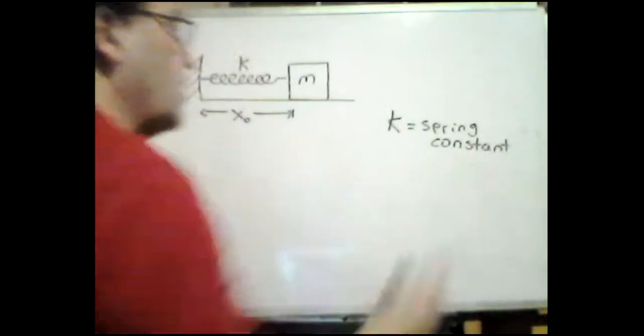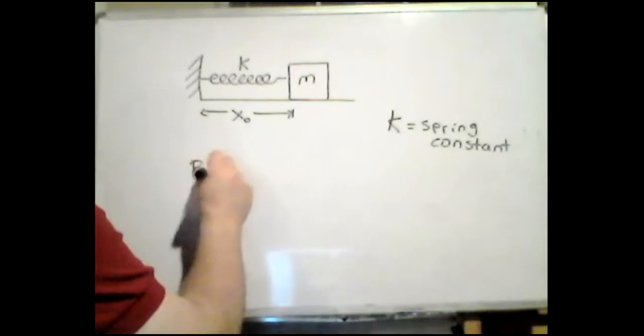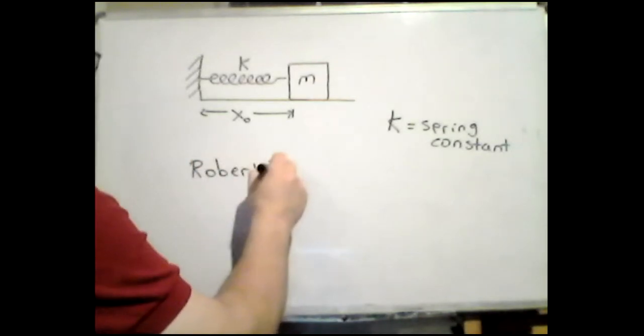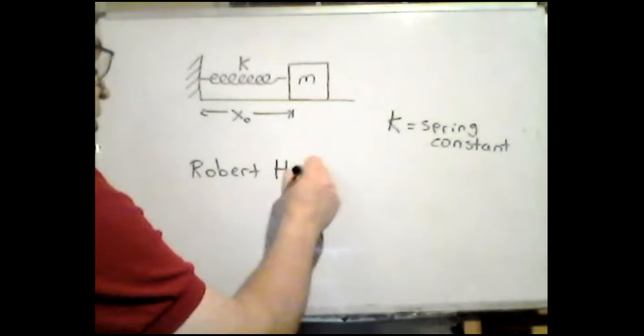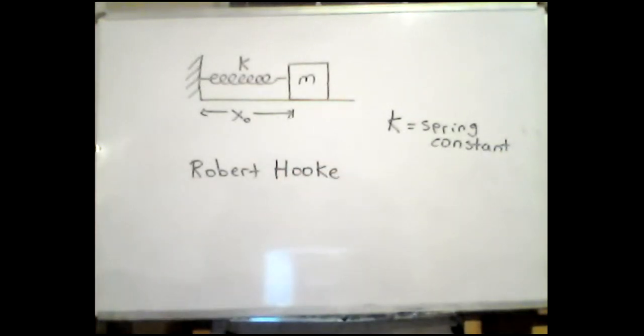One of the things that Robert Hooke was, an English scientist who lived at the same time as Sir Isaac Newton. Now, Sir Isaac Newton, as I said in the past, was an unusual guy in that he probably was one of the most intelligent people in the entire human race.